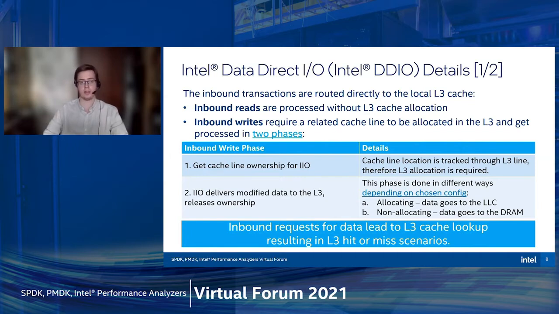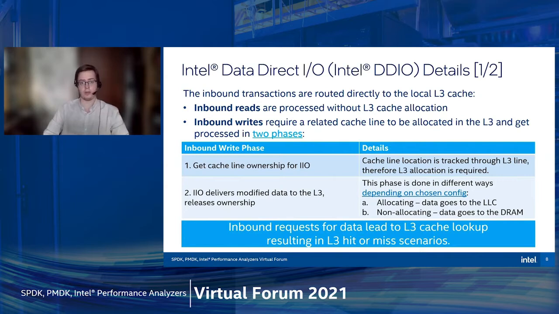When inbound read comes to the local L3 cache, the L3 cache lookup happens, and there might be two different cases. We may hit L3 cache or miss, and if we hit the cache, meaning that this data is already cached in the local socket, then it is just passed to the IO controller and then to the device.